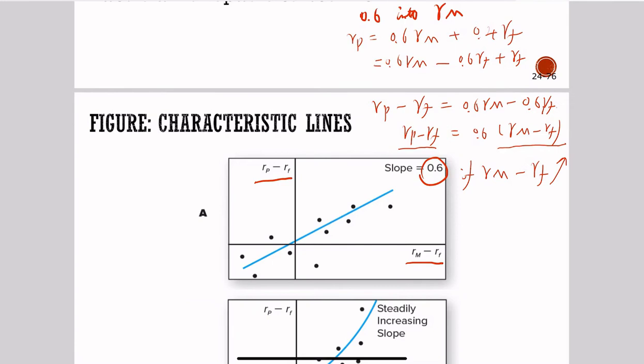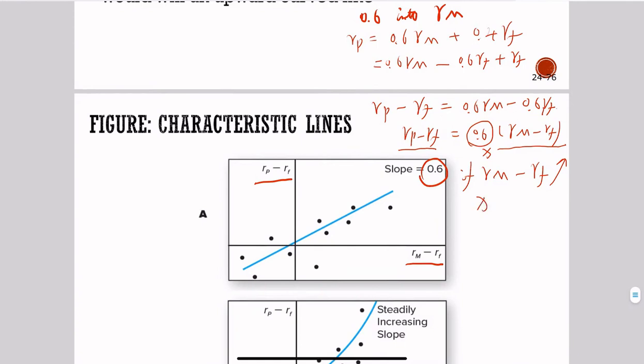Let's call this number X. If the excess return of the market is larger, then X should be larger. That is, you should put more money into the market portfolio. So this tells you the slope should be larger.